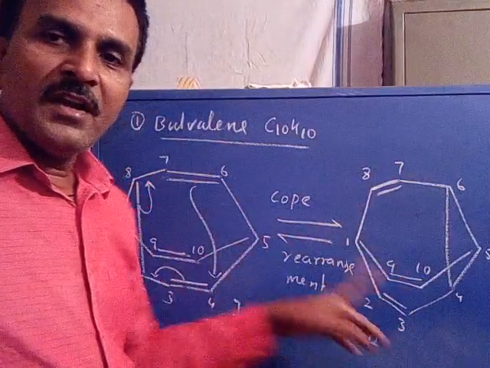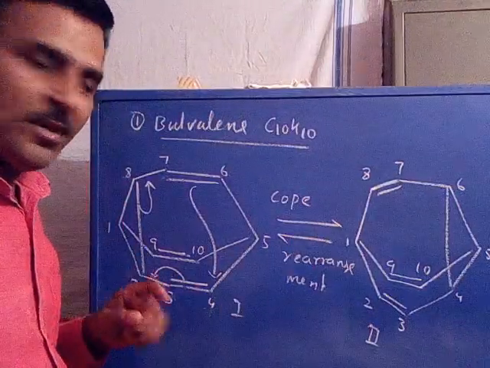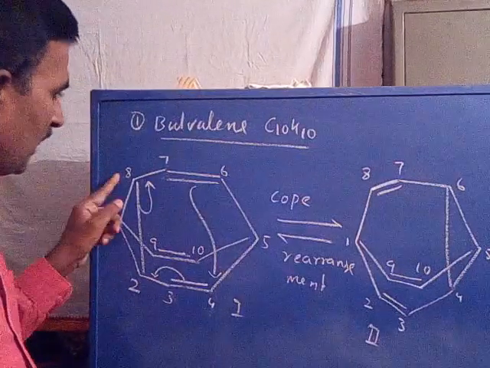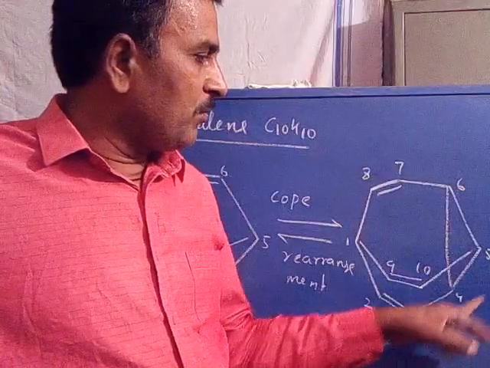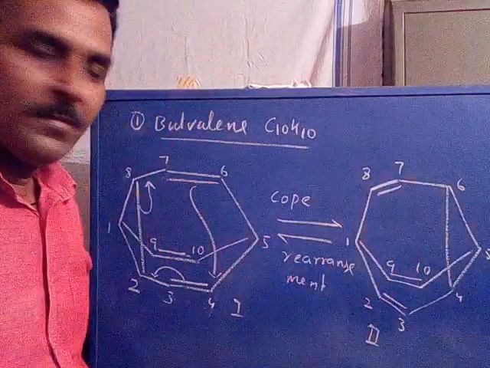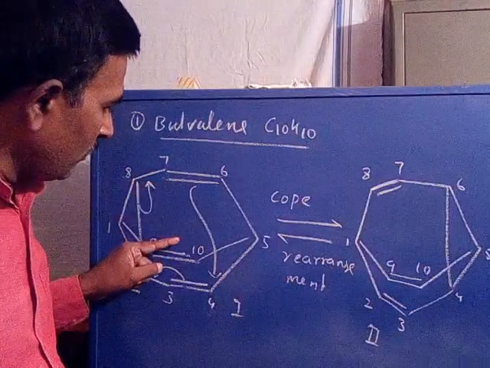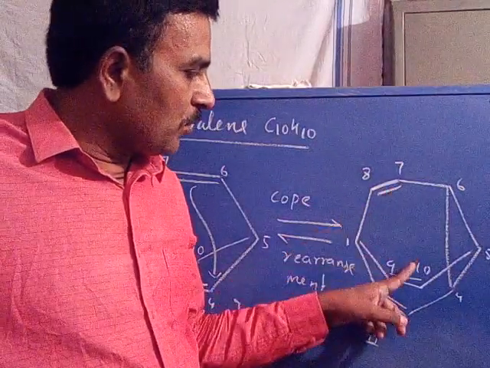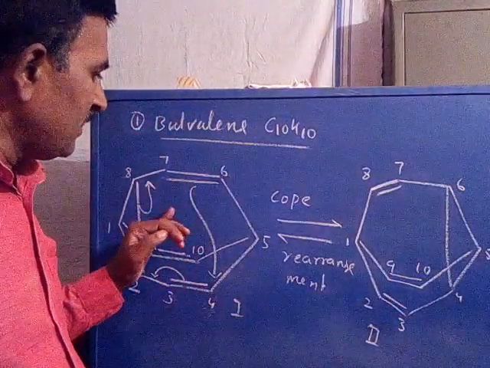This structure is identical with the first structure, because the first structure contains one 3-membered ring between carbons 1 to 8. The second structure also contains one 3-membered ring between carbons 4, 5, 6. The first structure has 1 double bond, 2 double bonds, 3 double bonds. The second structure also has 3 double bonds. Therefore it is identical. So it is tricyclic.